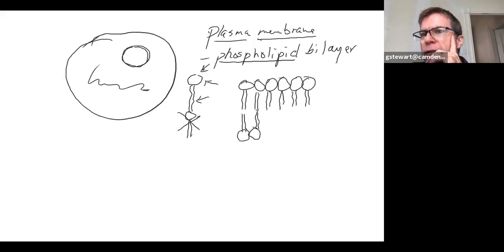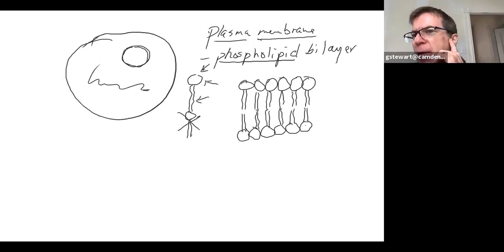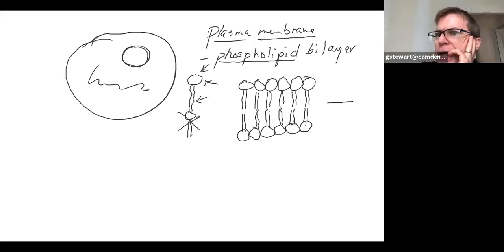So the membrane actually looks like this, a mirror image of itself. So that's why we call it a bilayer, because there's two layers of these phospholipids with their fatty acid chains lining up against each other. What this creates is a hydrophobic area in here.